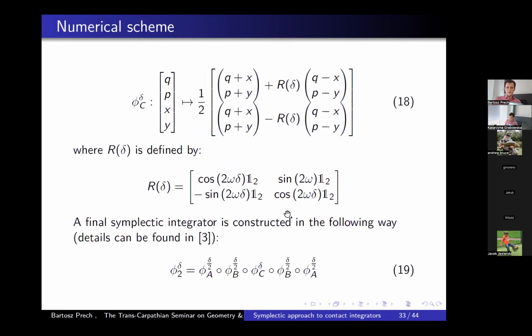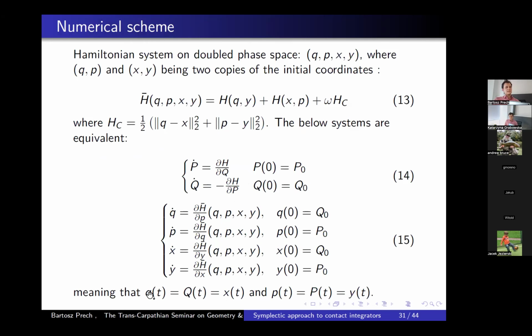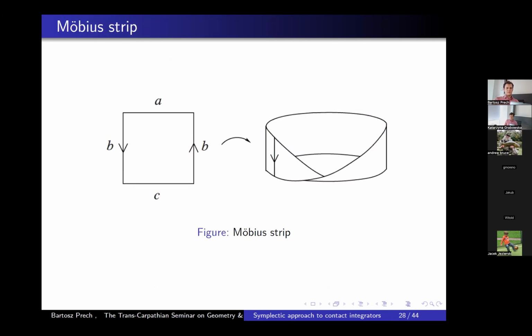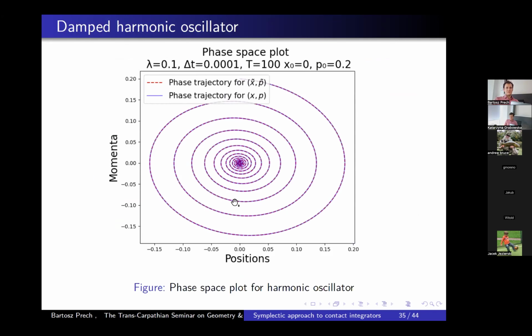If I go back slightly, this is the condition that they project on the same solution, that they match in phase space. I wrote it here with tilde coordinates, and these were copies of the initial coordinates for the harmonic oscillator.